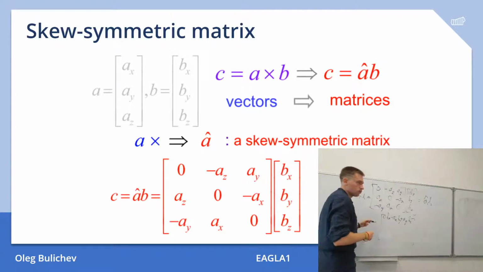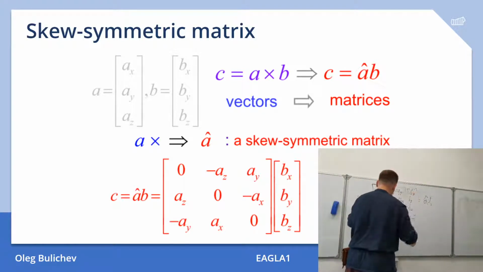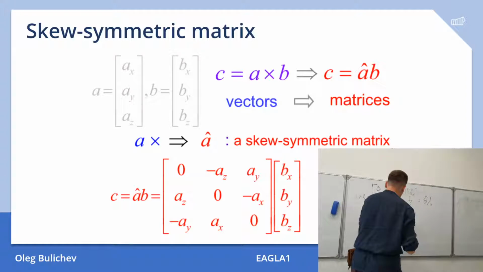Okay, that's the first row. The second one: Az on Bx plus 0 on By minus Ax on Bz.